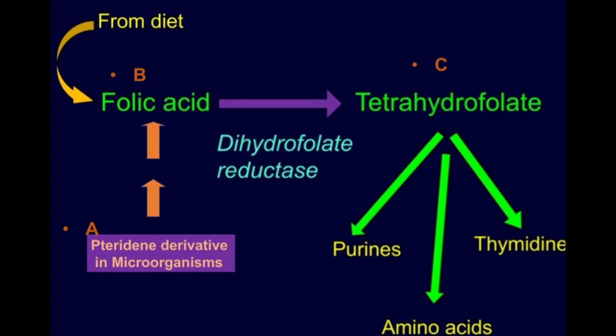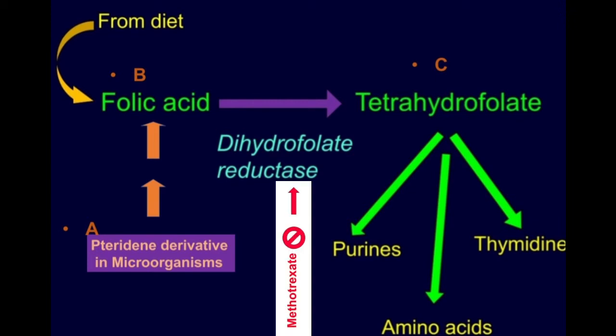If tetrahydrofolate is not available, then adenine, guanine, and thymidine nucleotide synthesis will be impaired and their production in the cell will be significantly reduced. The drug that inhibits dihydrofolate reductase and prevents THF synthesis is methotrexate.